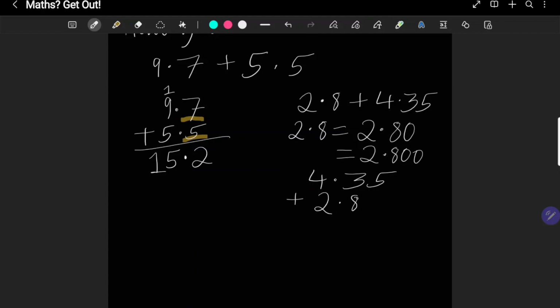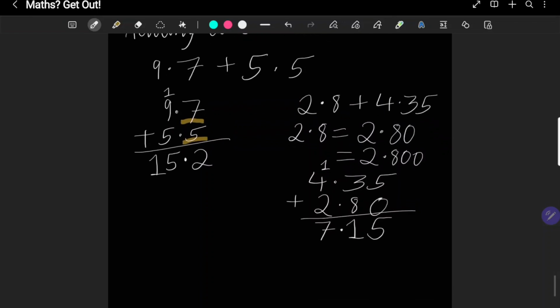We will put our 0 here, because in normal numbers you can't just randomly put zeros, but in decimals you can put as many zeros after the last decimal place as you want. So 5 plus 0 is obviously 5, 8 plus 3 is 11, 1 carryover, 5 plus 2 is 7, and 7.15. Okay, so that's how we do adding decimals.